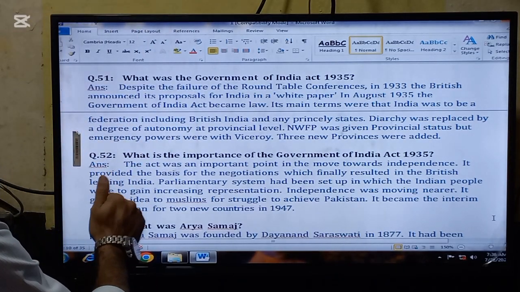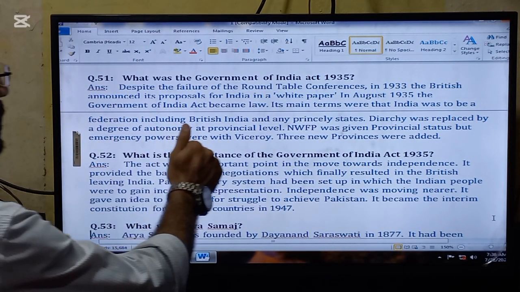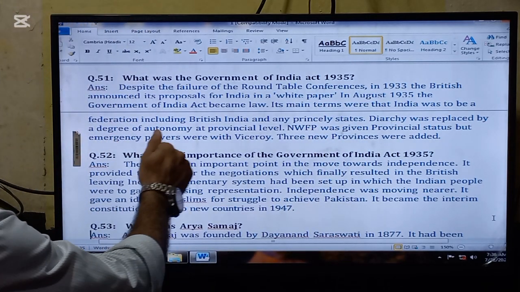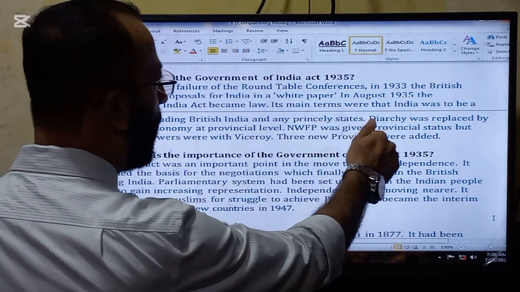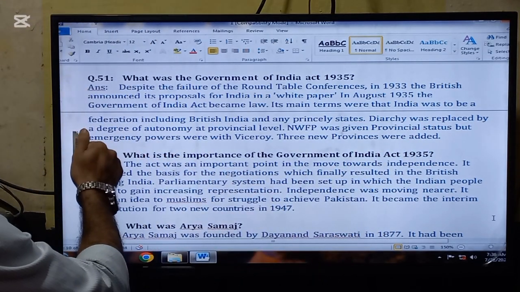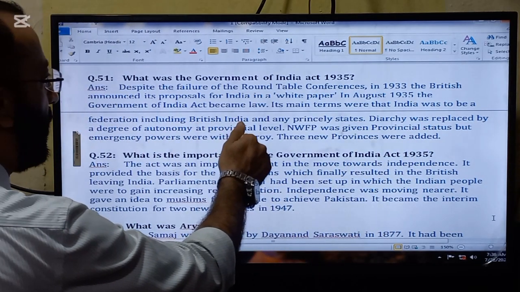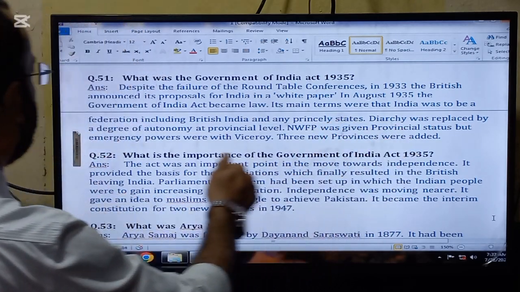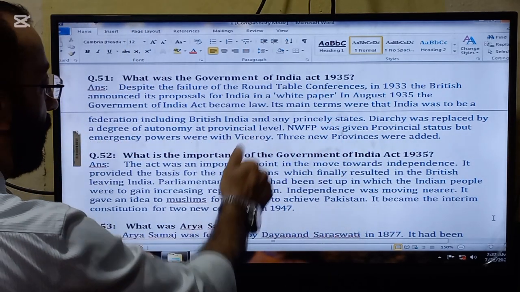The first important question for today is, what was the Government of India Act 1935? Despite the failure of the roundtable conferences in 1933, the British announced their proposals for India in a white paper. In August 1935, the Government of India Act became law.